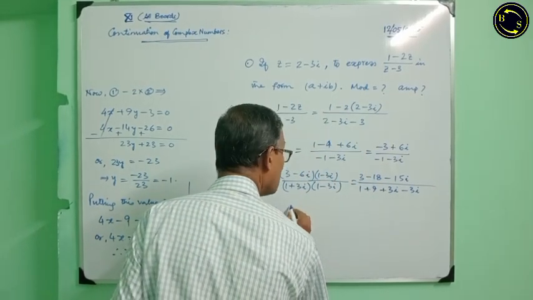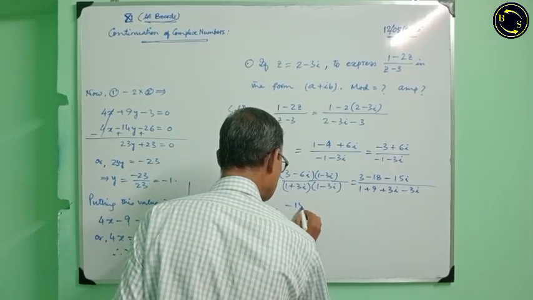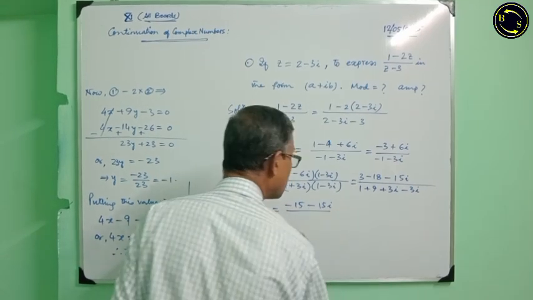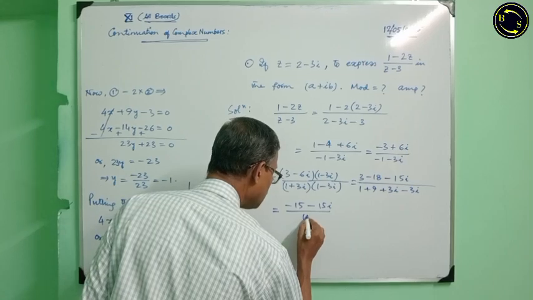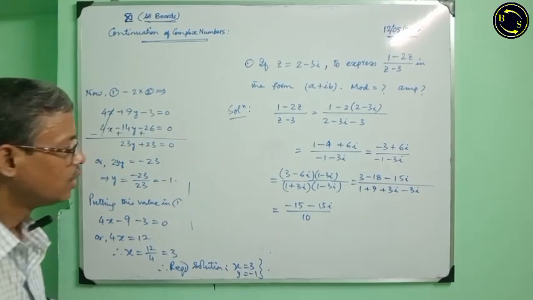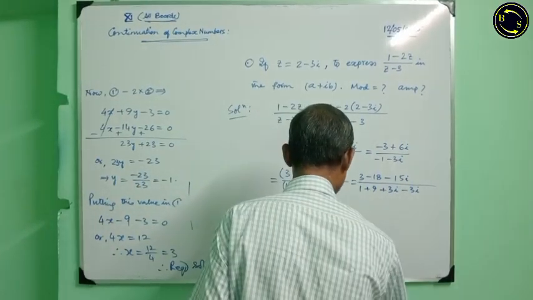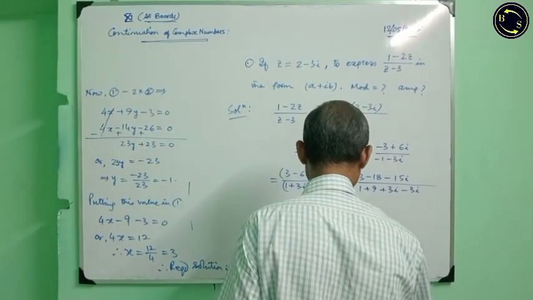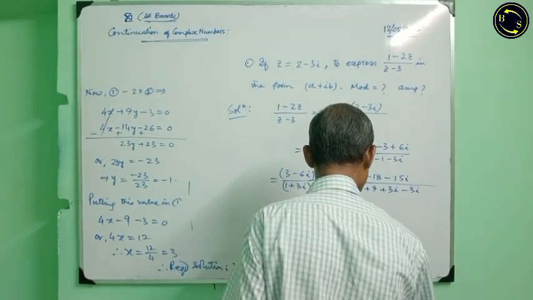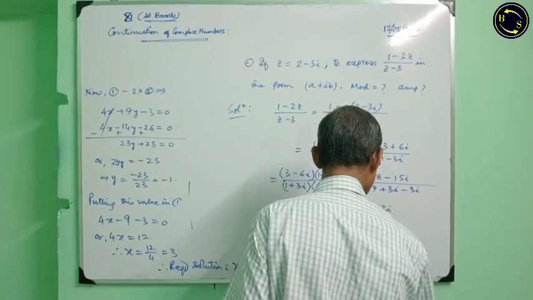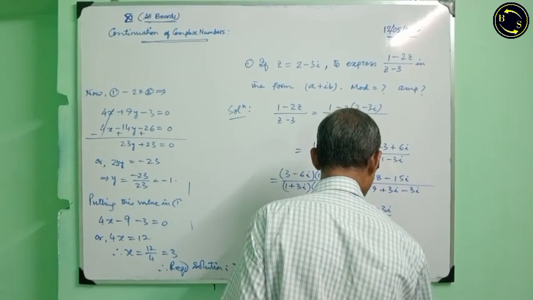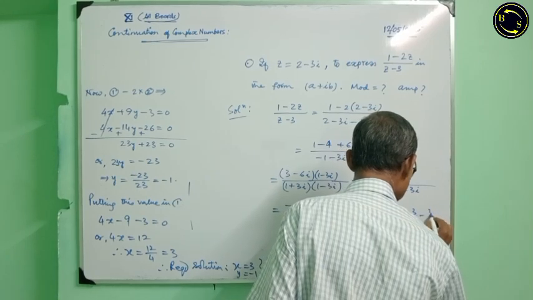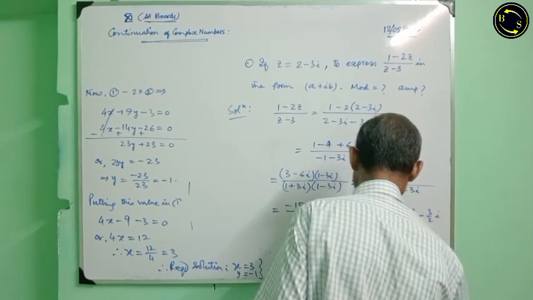Finally, minus 15i divided by 10. Dividing both numerator and denominator by 5, we get minus 3 by 2, minus 3 by 2 i.